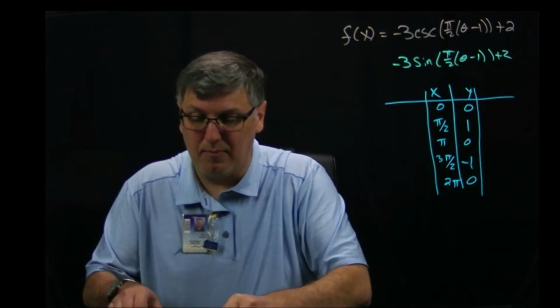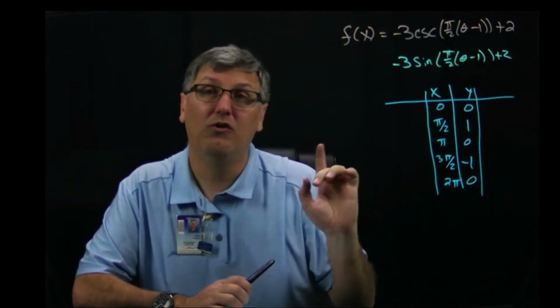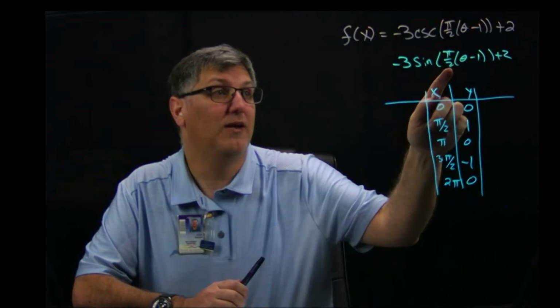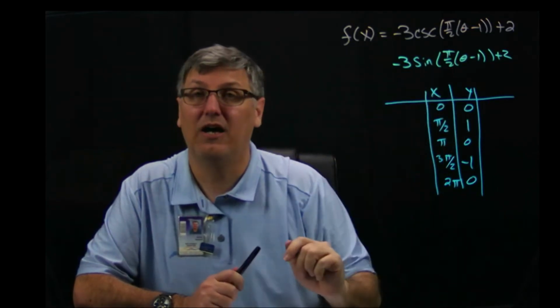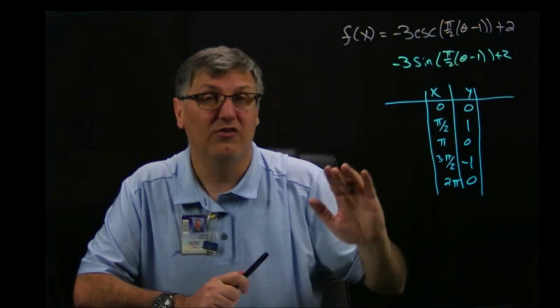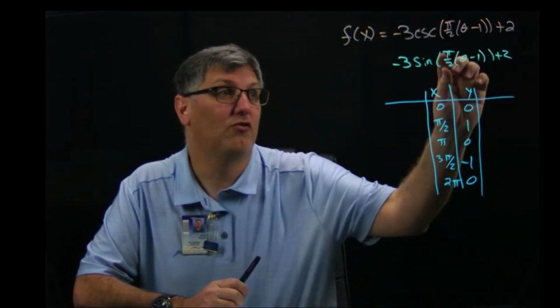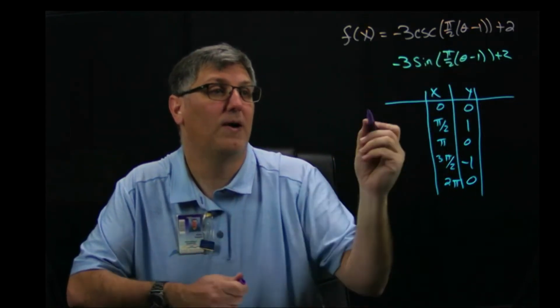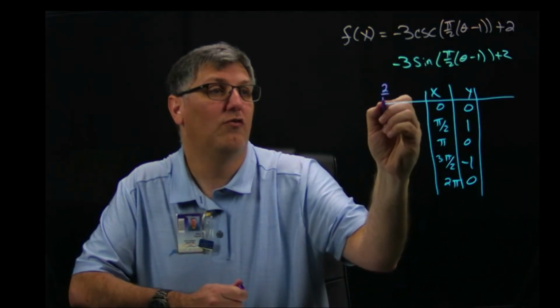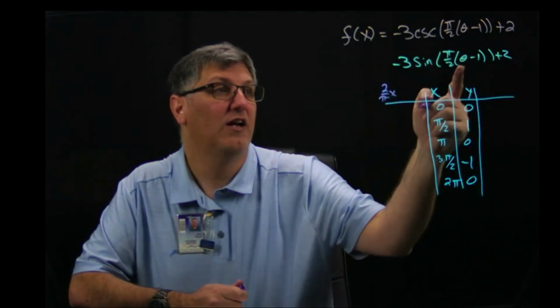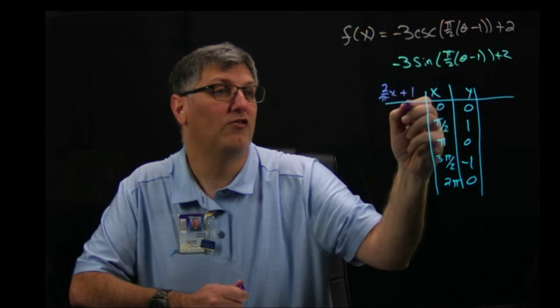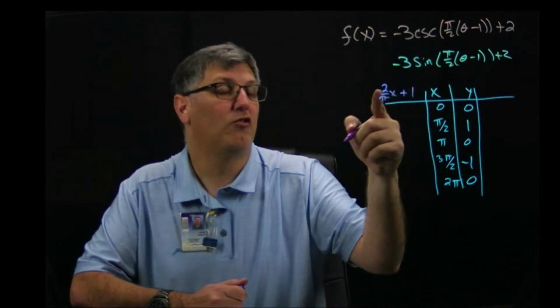Now from here, I set up my mapping. We need to remember that my x mapping is always opposite of what I see. I see pi over 2 times all of this, so I'm still going to use multiplication, but I'm going to multiply by the reciprocal. Instead of pi over 2, we're going to do 2 over pi. So I have 2 over pi x, and instead of -1, I'm going to do +1. Now I throw these numbers in.